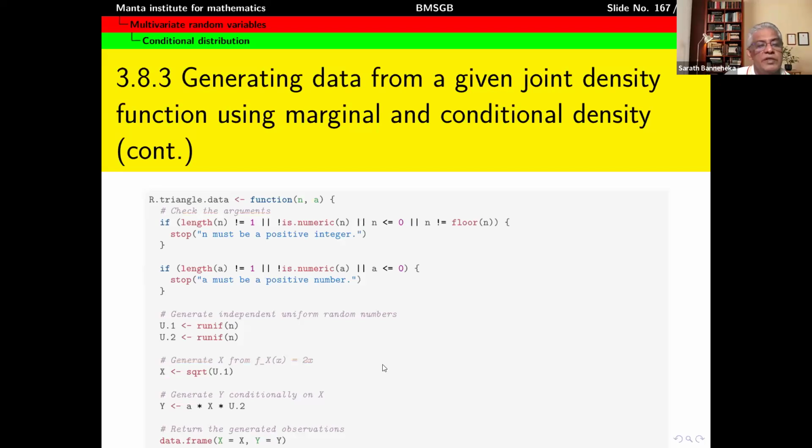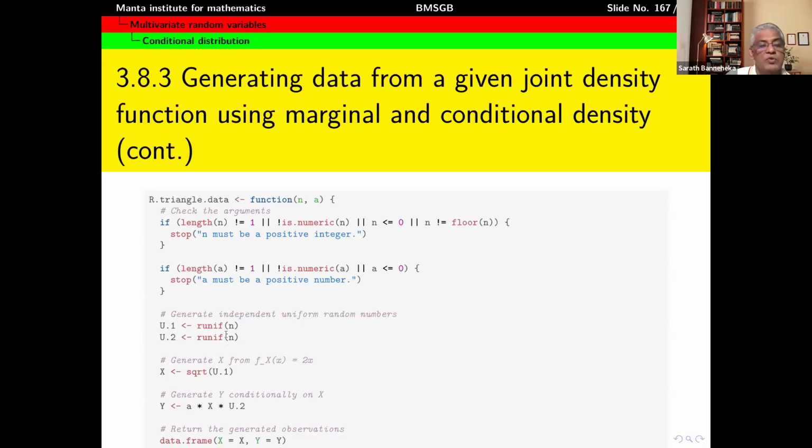Right. So here is the function that I used. It's very simple actually. At the beginning, some checks to see whether n is an acceptable number and a is an acceptable number. In this case, a has to be greater than 0, right, and so on. So this is the procedure. U1 is what I'm generating, in this case, n, which I'm going to consider, for example, as 10,000 random numbers from uniform 0, 1. U2 is another set of 10,000 values from uniform 0, 1.